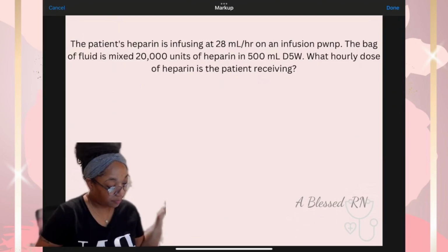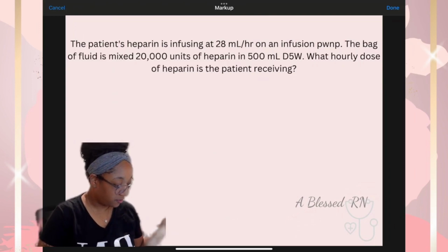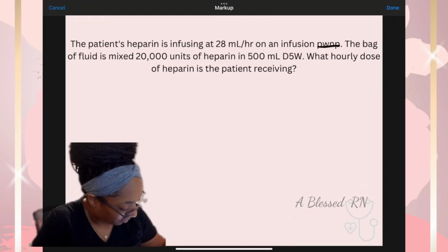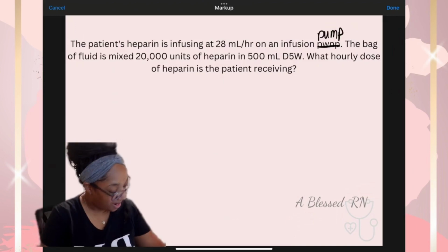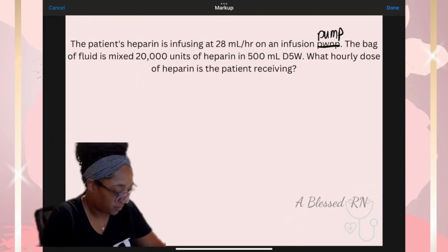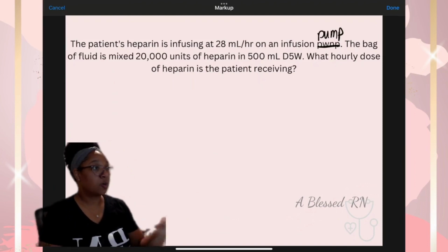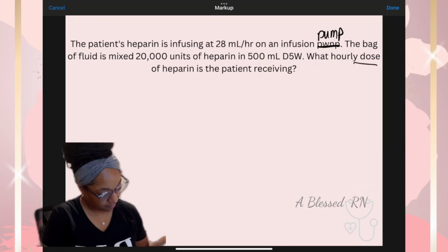The patient's heparin is infusing at 28 milliliters an hour on an infusion pump. Lord, you can tell I was sleepy. All right. The bag of fluid is mixed 20,000 units of heparin in 500 mLs of D5W. What hourly dose of heparin is the patient receiving? So what are we looking for? The dose that they're receiving, right?